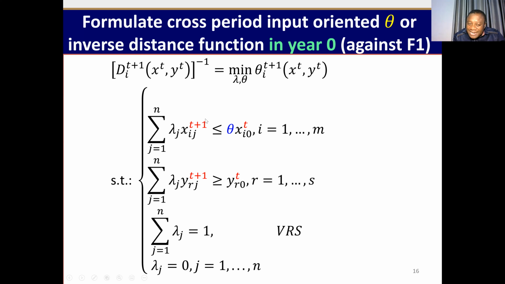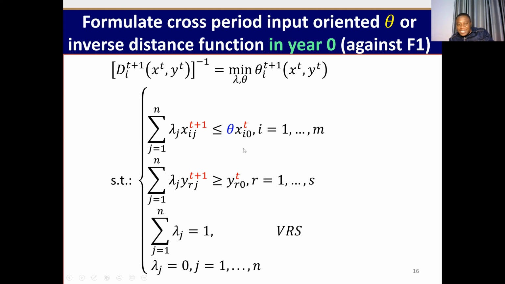But that is t plus 1. So you can see that the x and the y are to the power t plus 1, which is showing that now we are measuring the efficiency of a firm in year 1, but relative to the frontier t plus 1. So that is why the left-hand side of the frontier is exhibiting t plus 1, but the firm is in year 1.